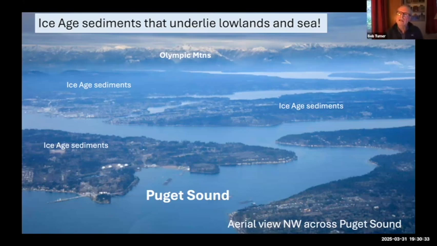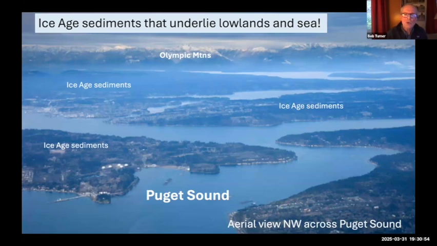But let's take a look at what we can look at most easily, which is the lowland sediments. And Puget Sound is a fantastic example of this because a huge amount of that ground up mountain is stored as ice age sediments under Puget Sound.